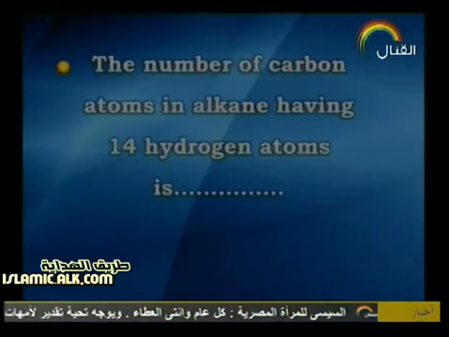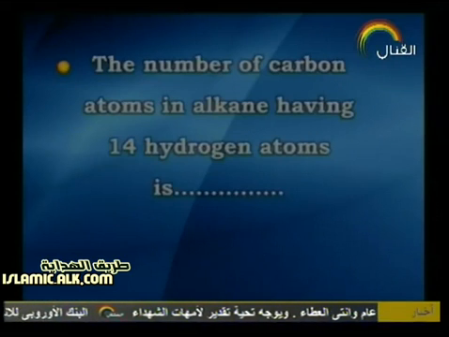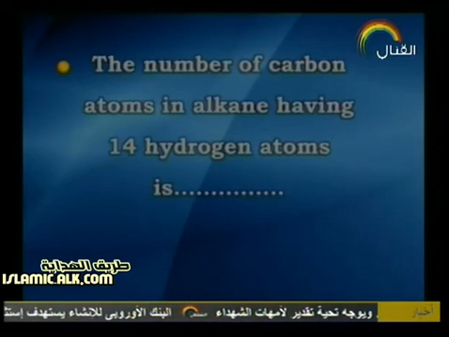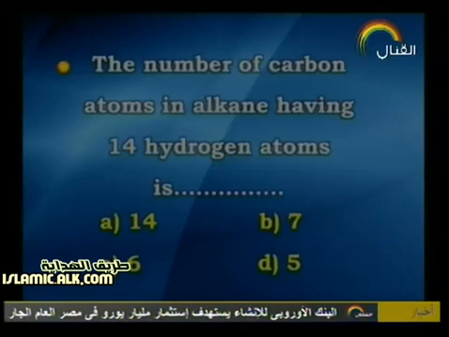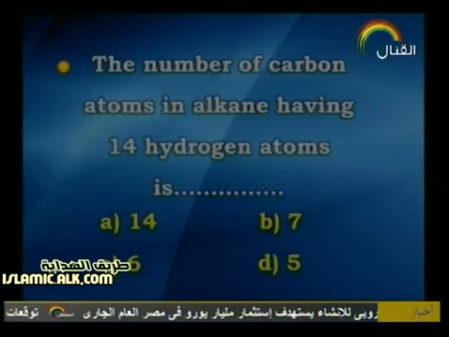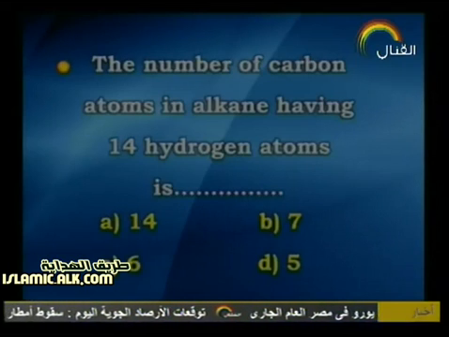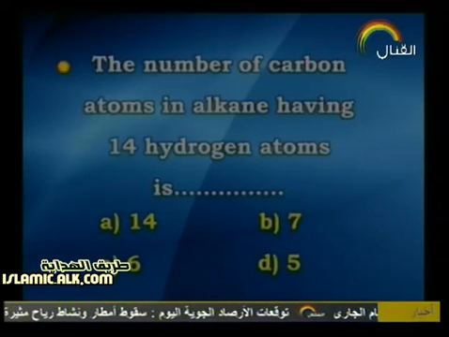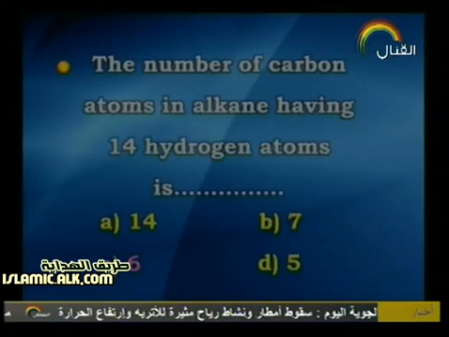Another point. The number of carbon atoms in an alkane having 14 hydrogen atoms is what? Is it 14 or 7 or 6 or 5? Remember, my dear students, to solve this question, you have to put the number of hydrogen atoms, 2n+2 equals 14. So we'll get the correct answer. It will be 6.